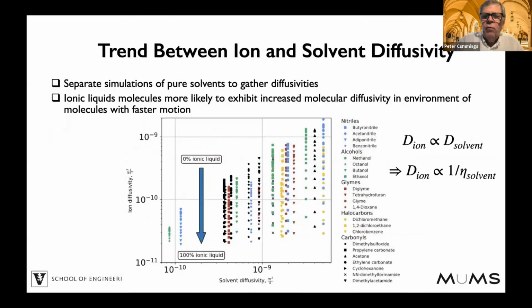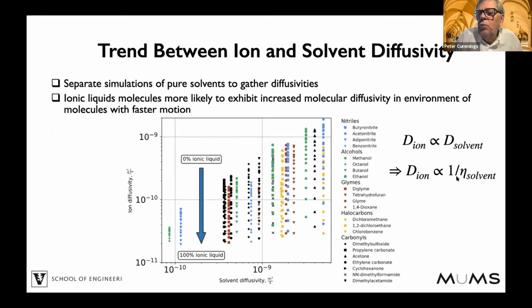On the other hand, if you plot versus solvent diffusivity, you can see that there is a clear trend: the ion diffusivity is increasing with the solvent diffusivity. And you can motivate that because this means that the ion diffusivity is inversely proportional to the solvent viscosity, because of the relationship between diffusivity and viscosity of the solvent.